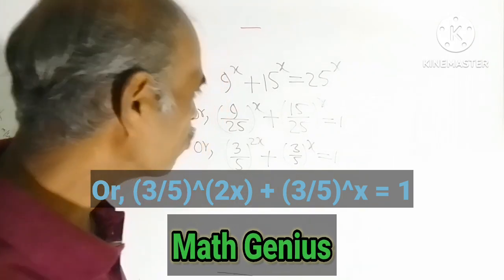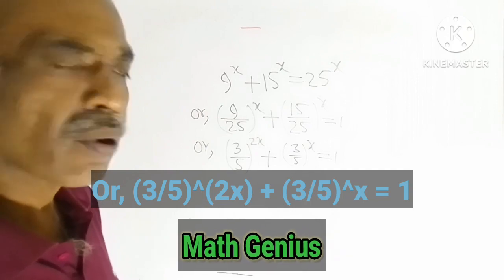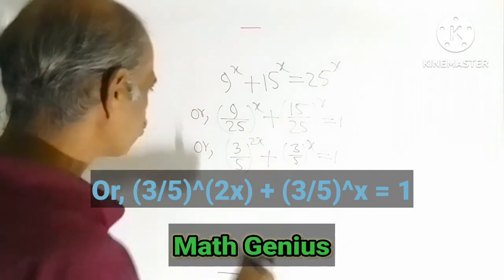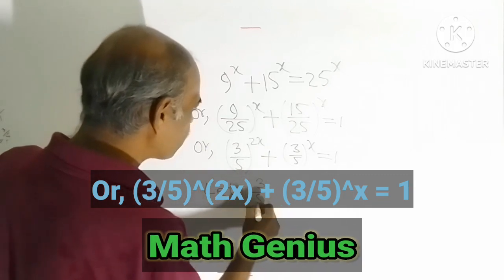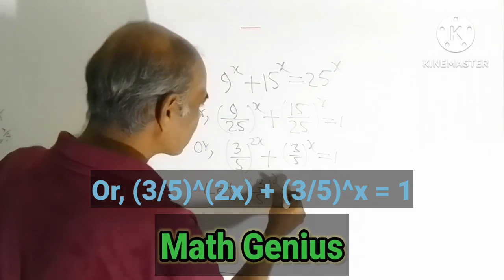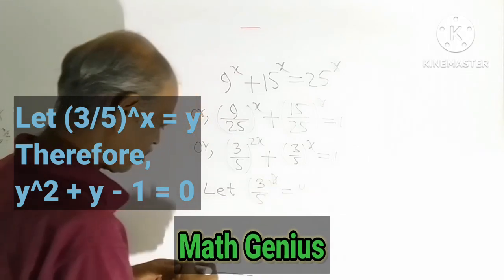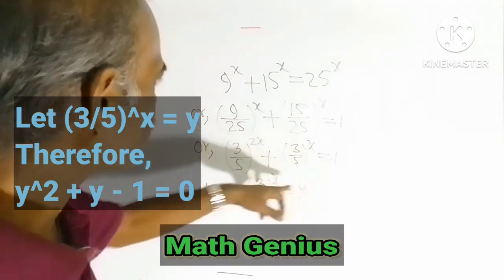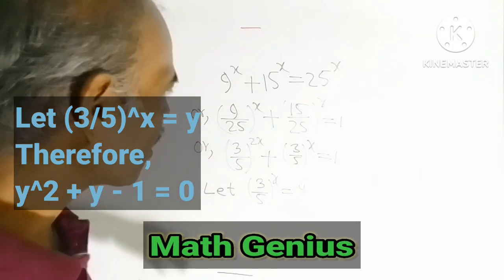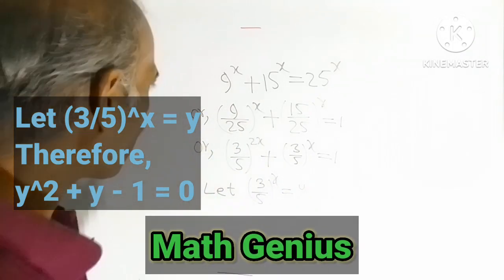So if you assume (3 by 5) whole to the power x is equal to y, so let (3 by 5) whole to the power x is equal to y. Okay, if you assume like this, then this equation is transformed into a new one in terms of y.